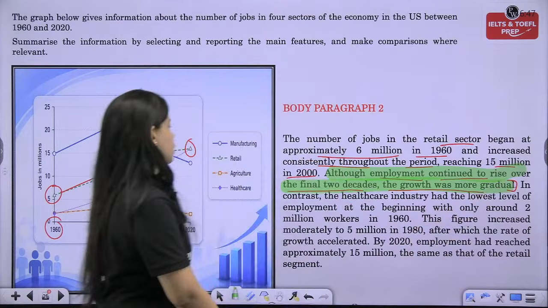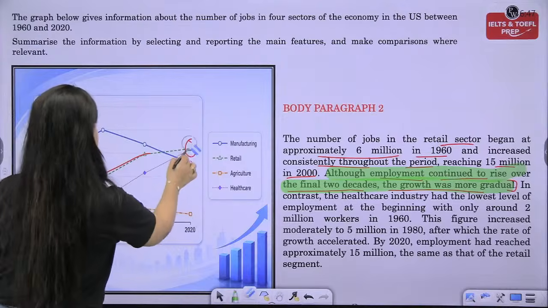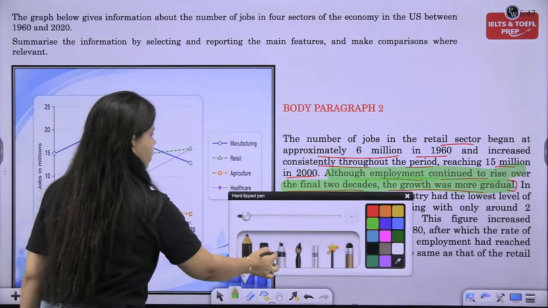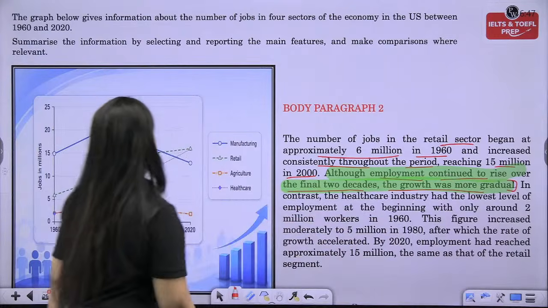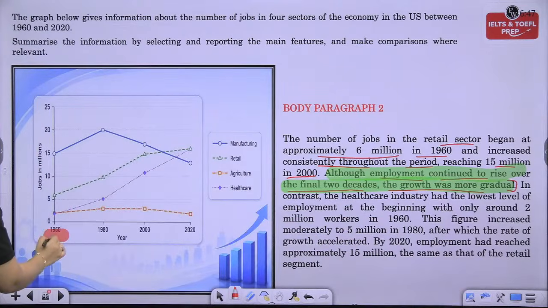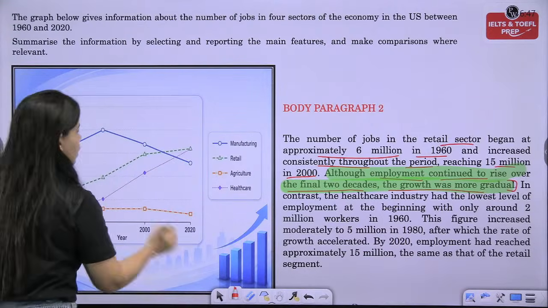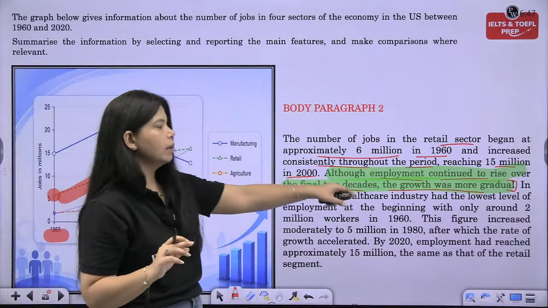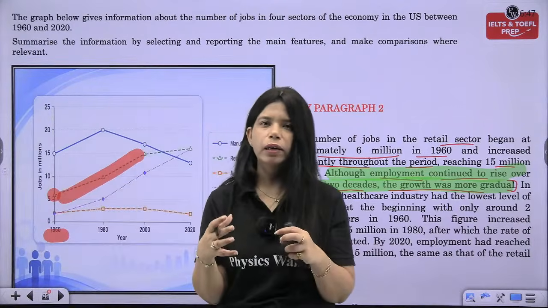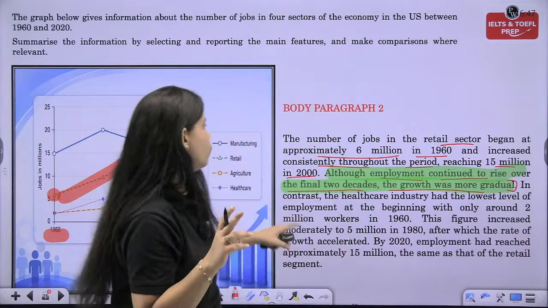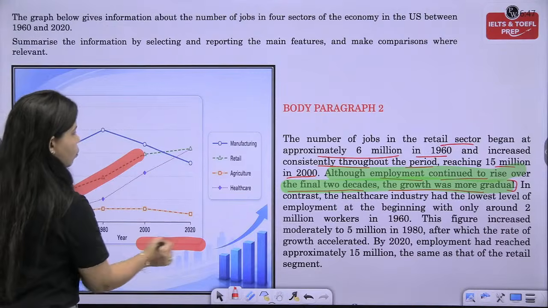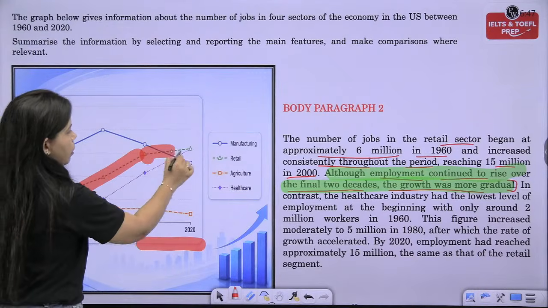Okay, look. What I'm saying about retail is that in 1960, it started with about 6 million jobs. Then there was a consistent increase. And in this statement, what I'm saying is that fine, the increment was still there, but in the final 2 decades, meaning from 2000 to 2020, the increment became gradual.